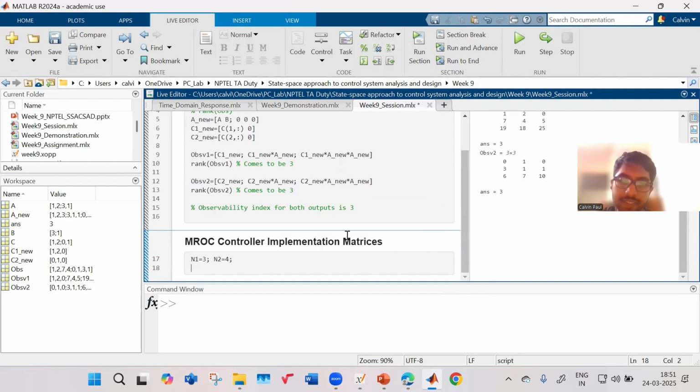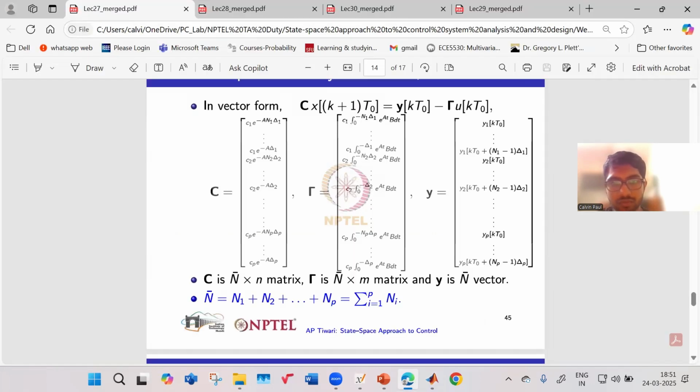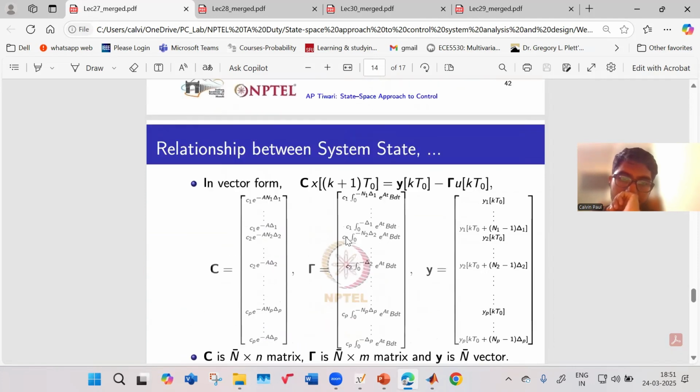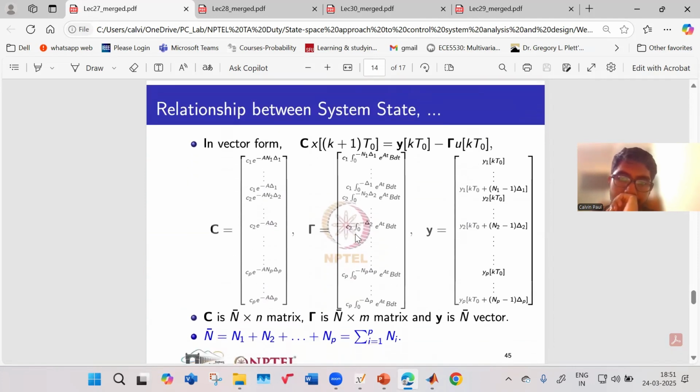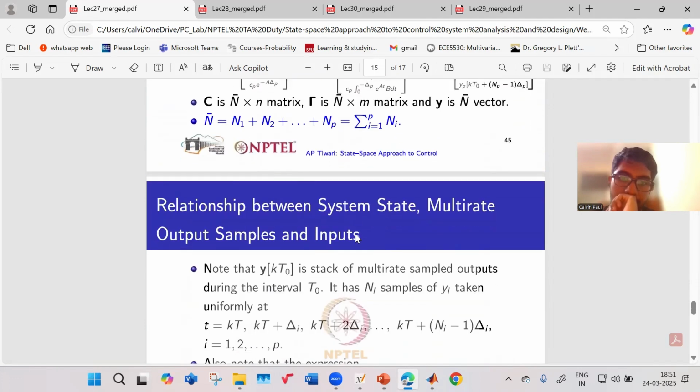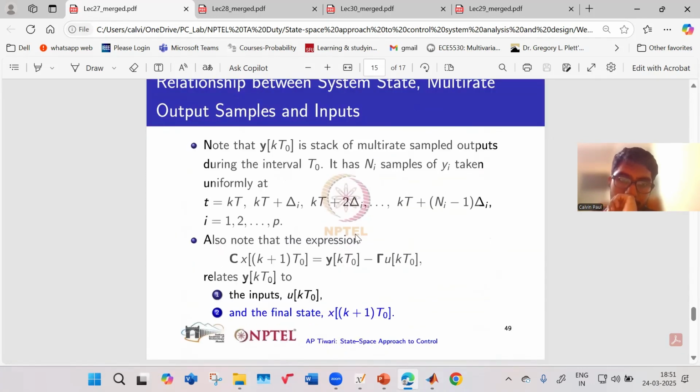Our t, what should I keep it? A, n1, del 1, del 2. What is our del? Del is t naught upon n.